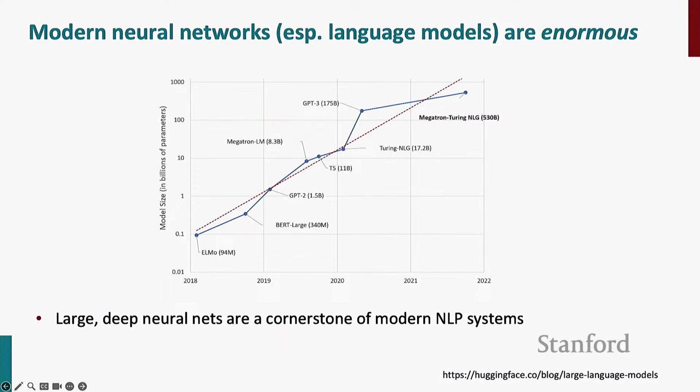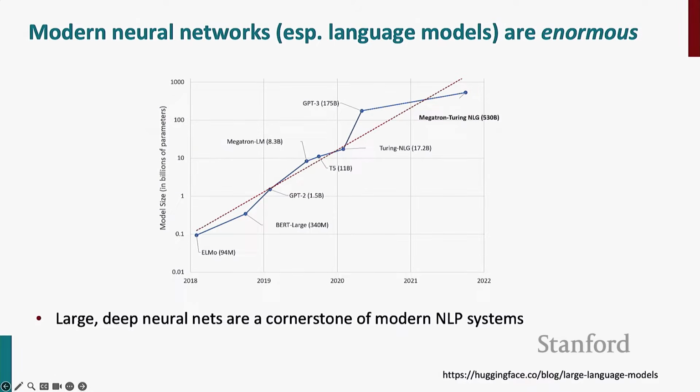Yeah, so modern neural networks, especially language models, are enormous. This chart's sort of out of date because it only goes up to 2022, but it's actually hard to make an accurate chart for 2024 because in the last couple of years, the biggest language model makers have in general stopped saying how large their language models are in terms of parameters.